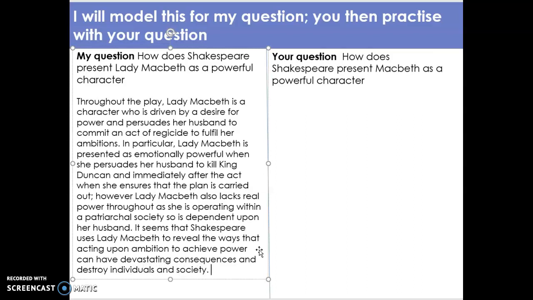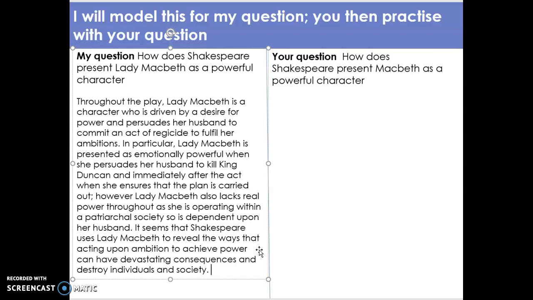Okay, so let's have a quick read through the whole thing. Throughout the play, Lady Macbeth is a character who is driven by a desire for power and persuades her husband to commit an act of regicide to fulfil her ambitions. In particular, Lady Macbeth is presented as emotionally powerful when she persuades her husband to kill King Duncan, and immediately after the act when she ensures that the plan is carried out.